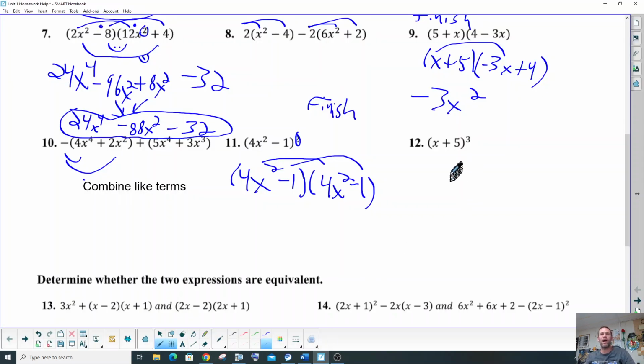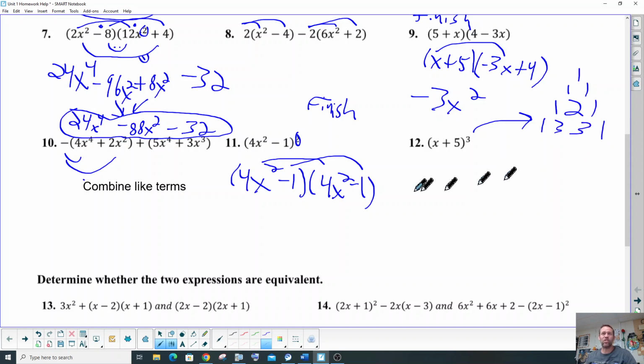So here's number 12. Number 12 can actually be done by just taking x plus 5 and distributing it 3 times. There's another thing called Pascal's triangle, which I'm going to show you. It goes row 0, row 1, row 2, which is 1, 2, 1, and this is going to be row 3, which is 1, 3, 3, 1.